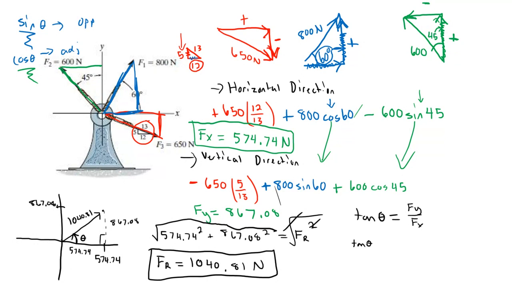So tangent theta is equal to your y, which is 867.08 over 574.74. Arctangent both sides to get your answer, and you get an angle of 56.41 degrees. And that is it.